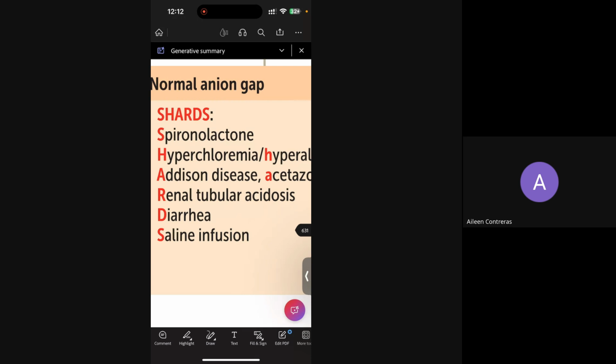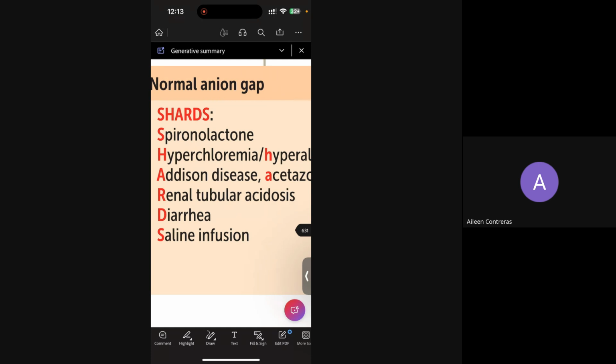In renal tubular acidosis, you are not adding any acids, you are just removing bicarbonate ions in excess compared to the acids. In Addison disease and with spironolactone, you are not adding any new acidic compound. So this is one way of knowing whether the anion gap is going to get elevated or not.